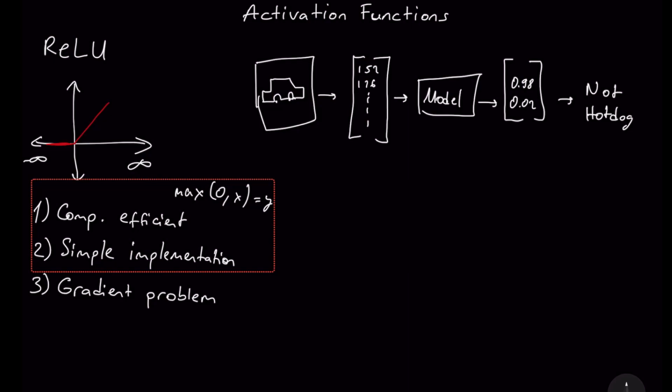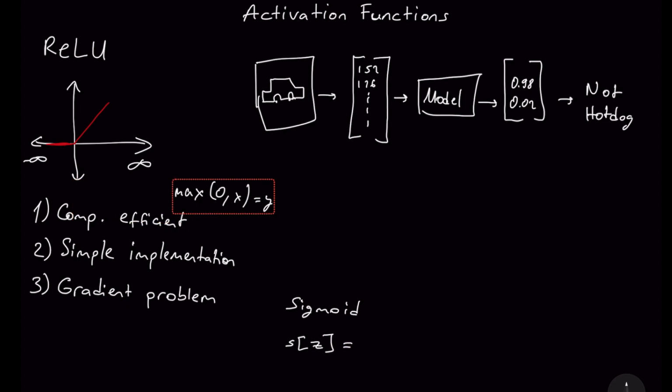So let's write it down here. So I will just say Sigmoid activation function, where we have, I'll put the formula here. Let's say it's sigmoid z is the input, and we will be 1 over 1 plus exponent of minus z.